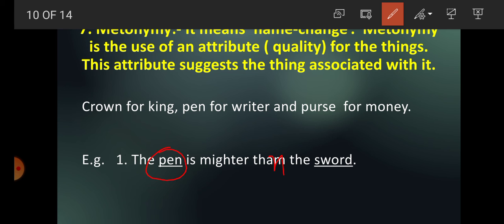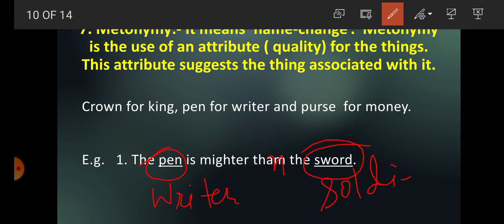So here what does pen stand for, students? Pen stands for writer. Pen indicates all the writers, and sword indicates the soldiers. So this is the example of what? Metonymy. Because here the pen is the quality of the writer and sword is the quality of the soldier.